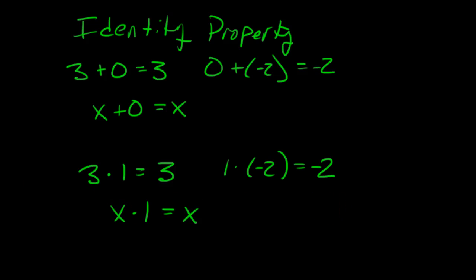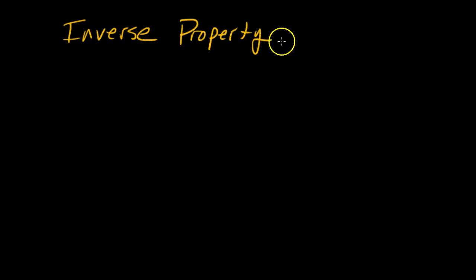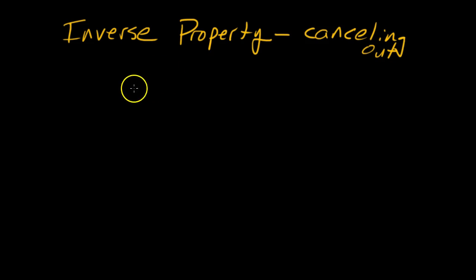The last property that we talked about is the inverse property. And the inverse property requires you, for the multiplication anyway, to know a little bit about multiplying with fractions. Inverse is primarily used for canceling out. We talk about canceling out when we solve equations.